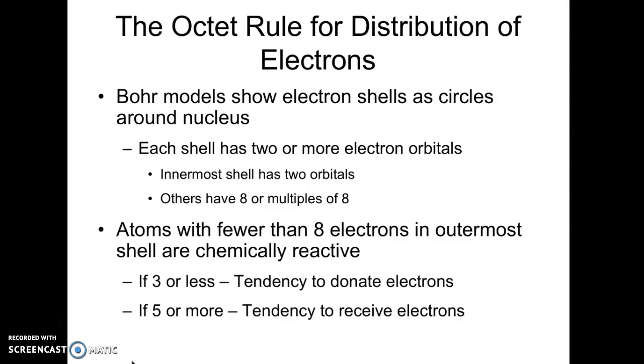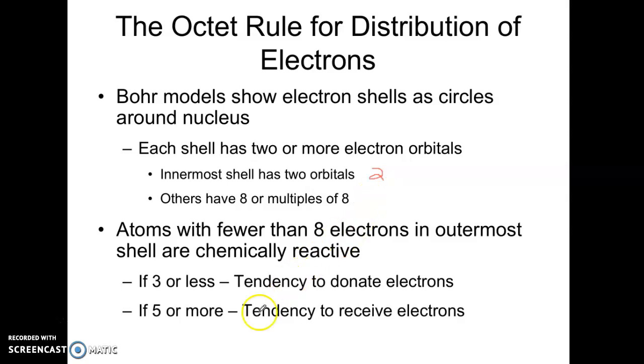Now, each shell has 2 or more electron orbitals. The innermost shell, which is the closest to the nucleus, always has a maximum of 2. So our first orbital can only have a maximum of 2 electrons in it. And then the others can have 8 or multiples of 8.